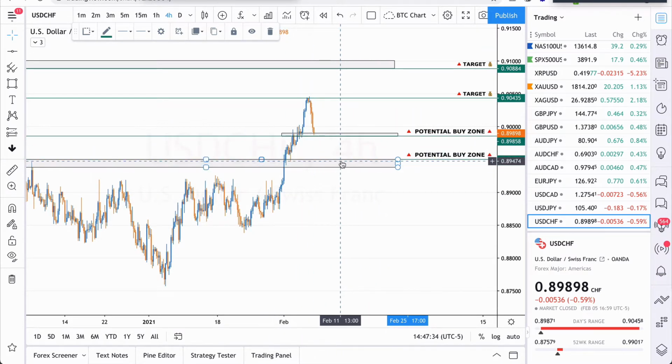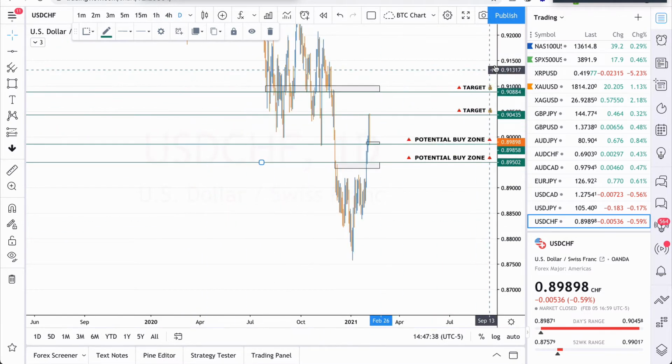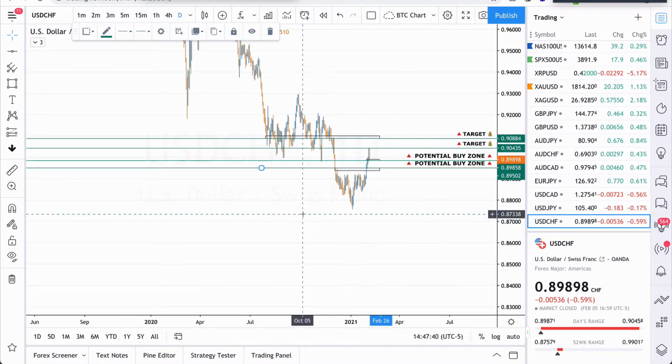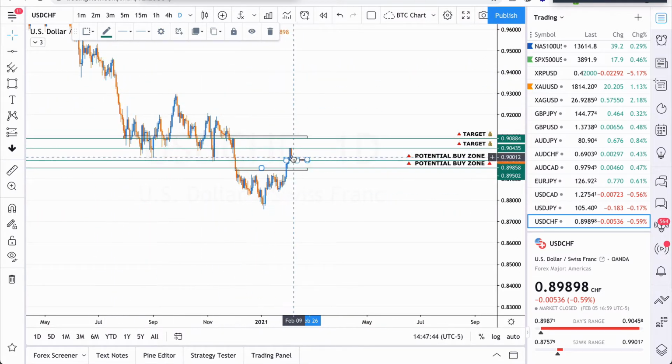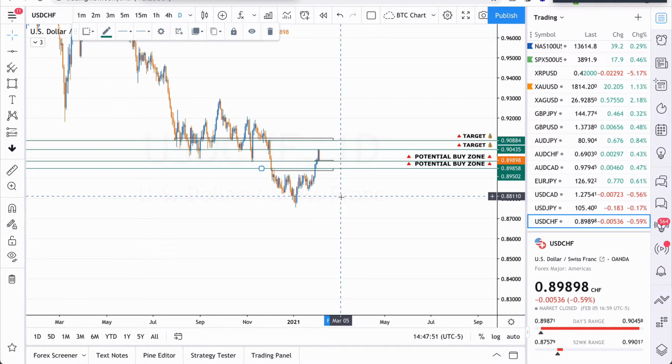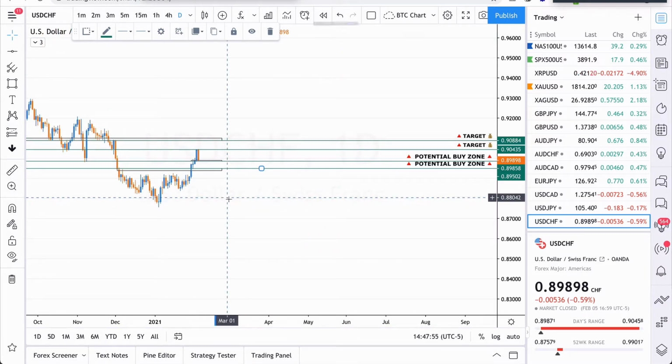If it does not reject, I want to show you all something. Remember, I've been trading this down since October. See this? So we can get a rejection here and back up into these areas. But overall, I still think that we will come down into these areas.